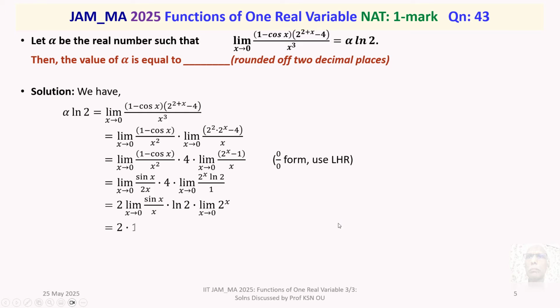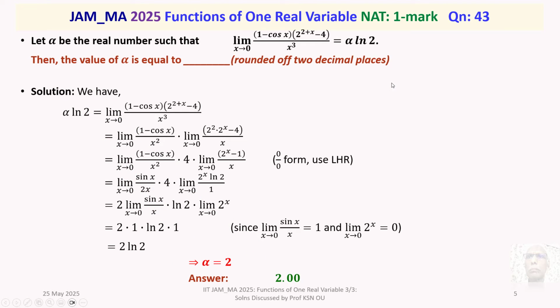So 2 power 0 is 1. So that is 2 into 1 into ln 2 into 1, and that is 2 times ln 2, which is given to be alpha times ln 2. So from this we get alpha is equal to 2. We are required to find the value of alpha rounded off to 2 decimal places. Therefore the answer to this question is 2.00.